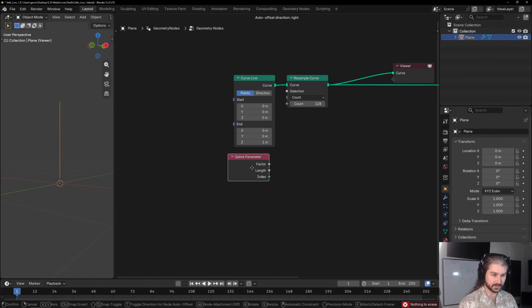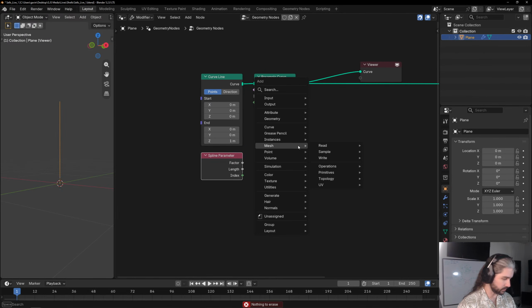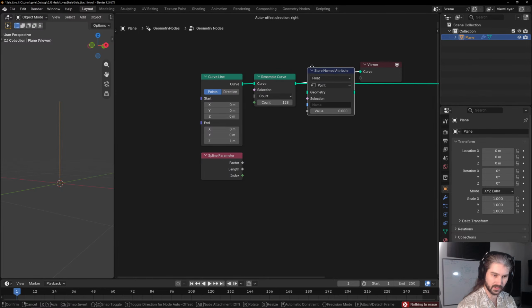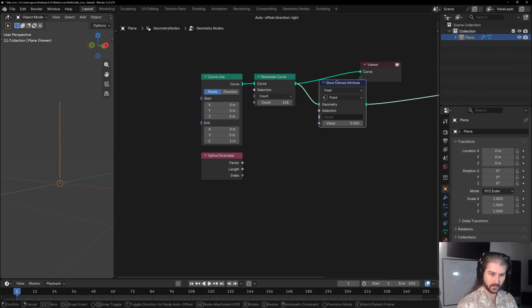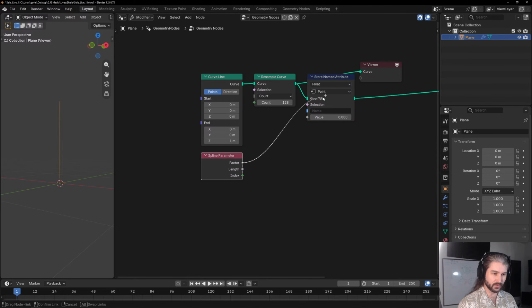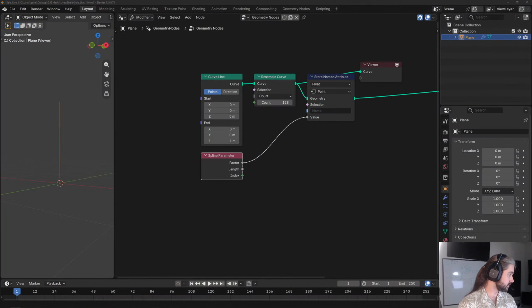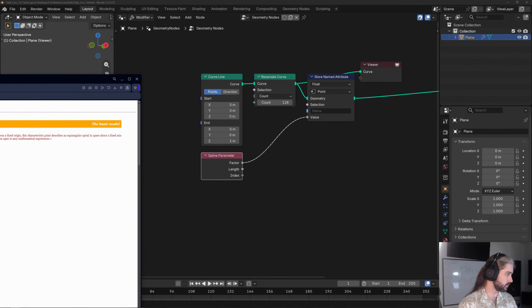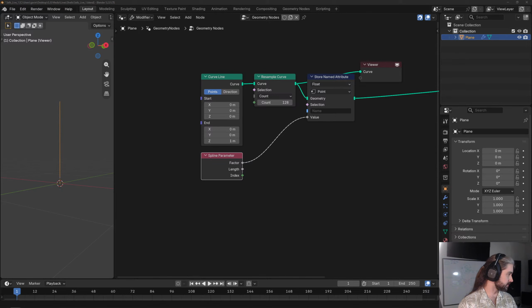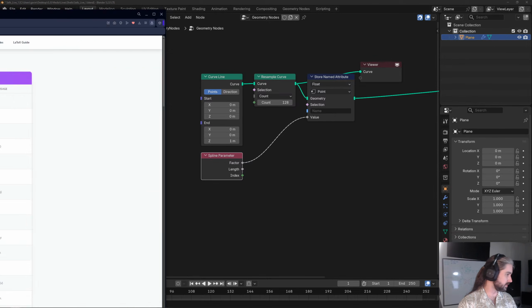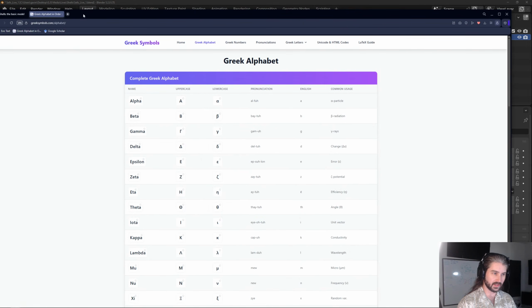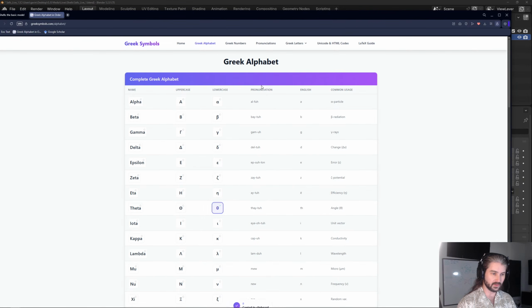But we have our spline parameter, and we're actually going to store a named attribute, because we need to store this as theta. Real quick, because I think it's fun and fancy. I've got this website here that lets you copy Greek characters.